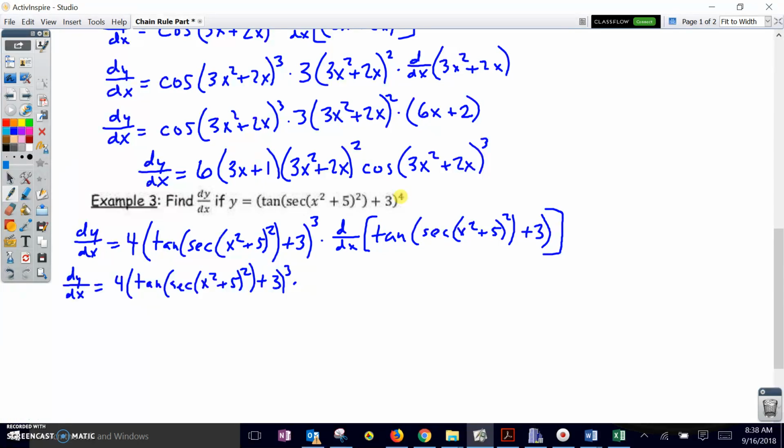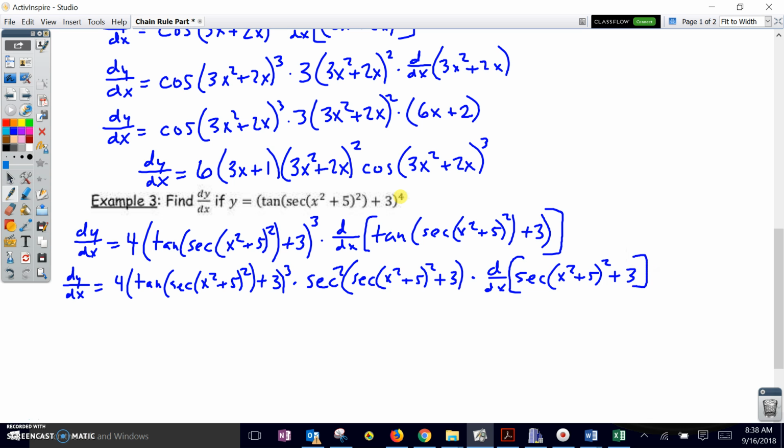So I'm going to take the derivative of the outside, leaving the inside the same. That's all secant of x squared plus 5 quantity squared plus 3. And then I need to multiply that times the derivative of the inside, the derivative of secant of x squared plus 5, the quantity squared, plus 3.